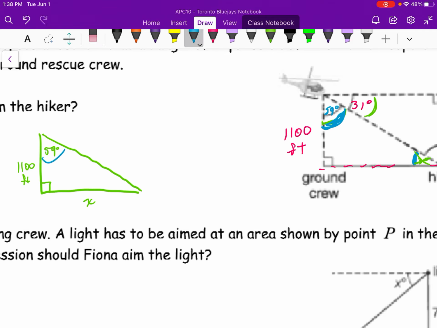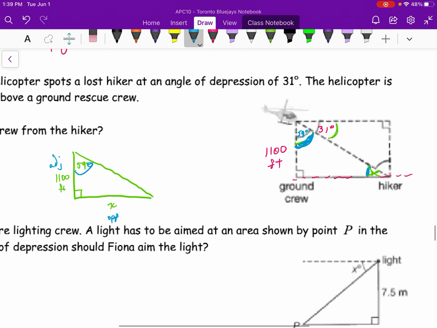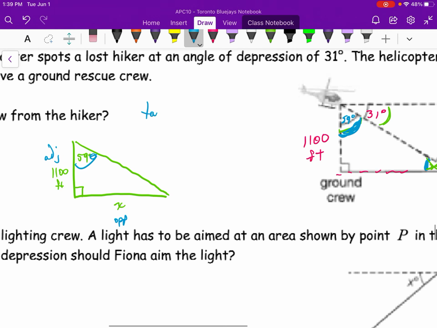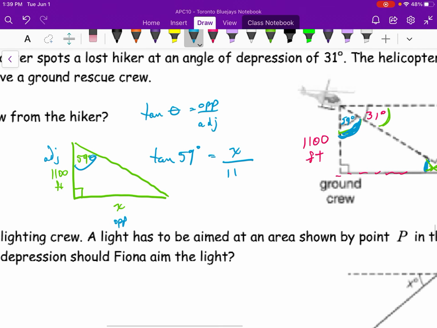Well, this is theta. With respect to theta, this is opposite and this is adjacent. Well, it's kind of weird because we almost have a different ratio. So the tangent of theta is equal to opposite over the adjacent. So the tangent of 59 degrees, if I'm plugging in my known variables, is equal to x over, the opposite is x, over my adjacent is 1,100.